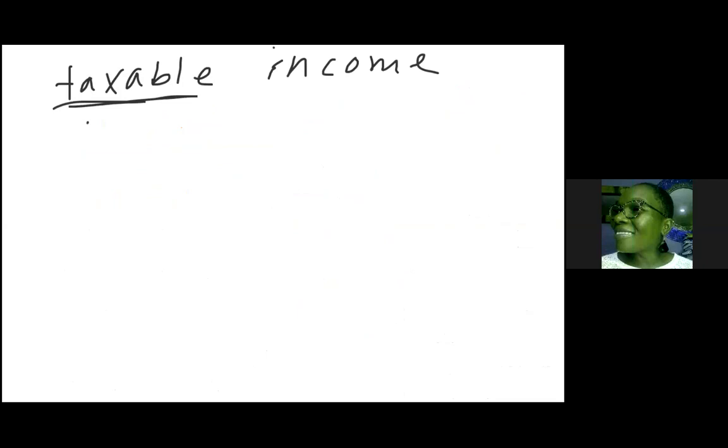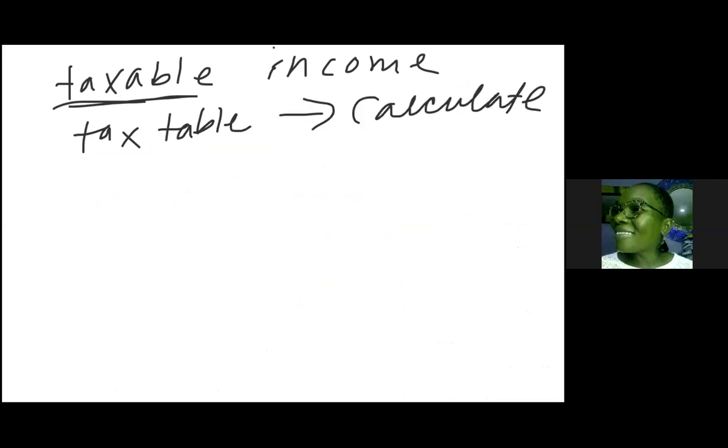So guys, once we have the taxable income, by the way, taxable income leads you to the tax table. This is where you're going to go now to calculate your tax liability, to calculate how much taxes you should have paid for the year, or the individual should have paid for the year, guys.